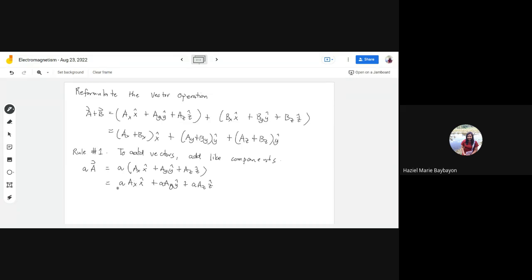So this is rule number 2 for multiplication by a scalar. To multiply by a scalar, multiply each component. Okay? So take note of this. Multiply each component.